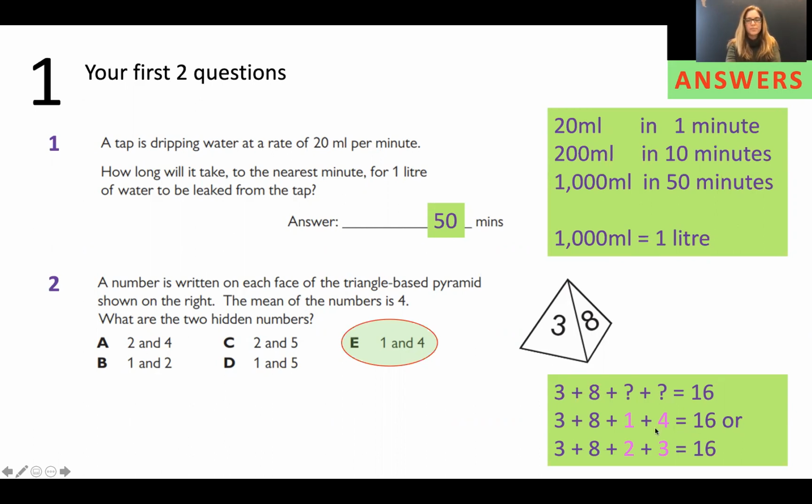So I've got a choice. I could either have 1 and 4 to make 16 or 2 and 3. Well, my 3's already appeared once, so it's going to be 1 and 4. But I can also check it. It's multiple choice, and I can see that the only solution is 1 and 4. I do not have 2 and 3 as one of my available solutions. So the answer is 2E.